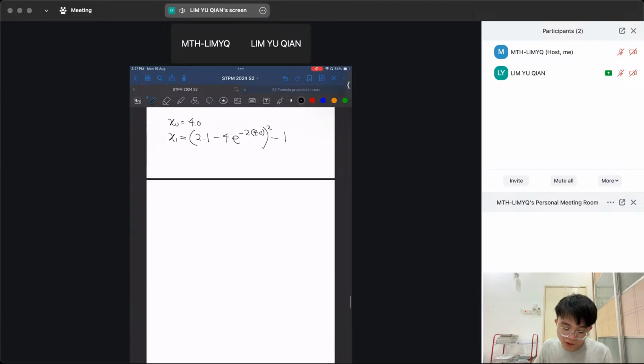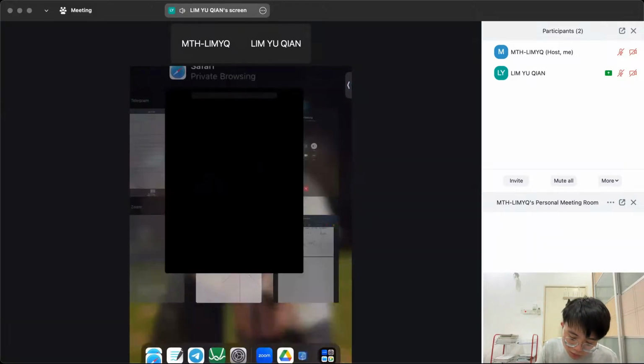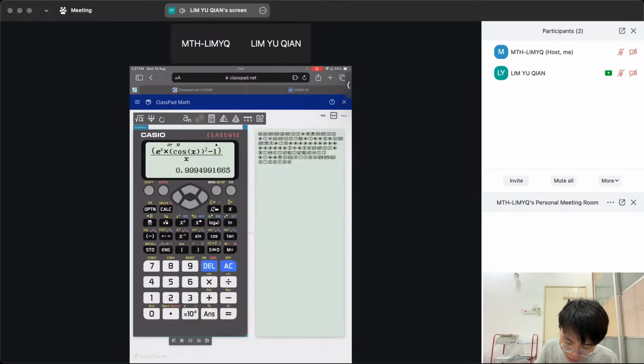In your calculator, you will key in the formula: bracket 2.1 minus 4e negative 2x bracket, square, minus 1. Okay, so calculate 4.0. That's the first initial approximation.